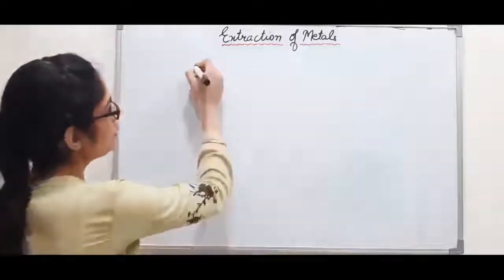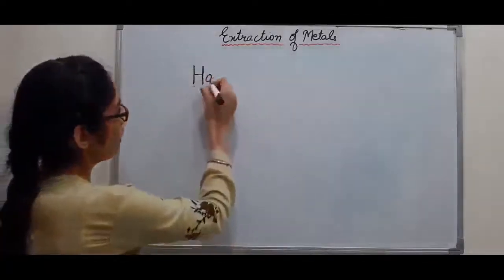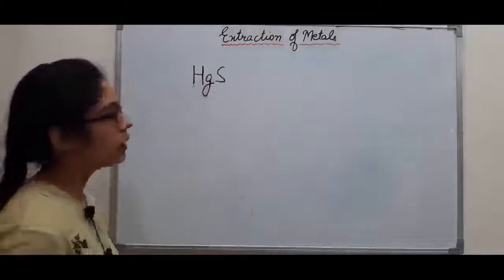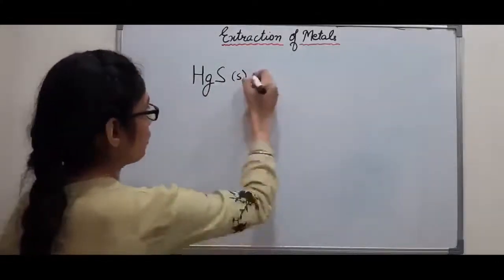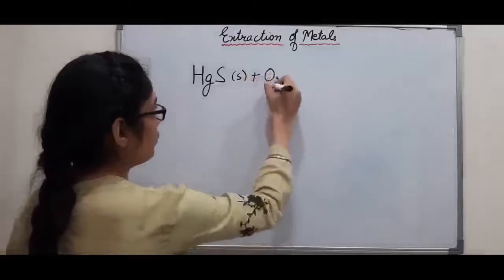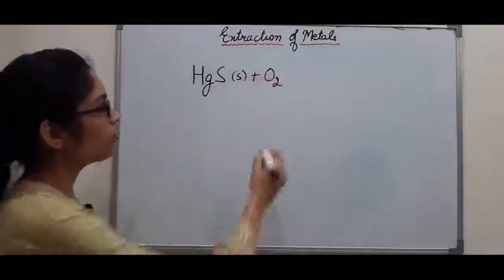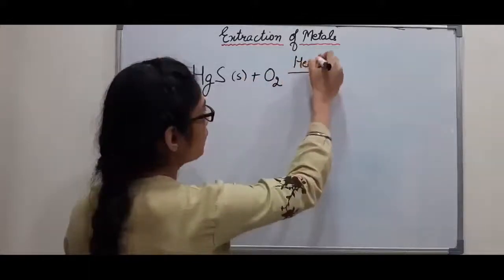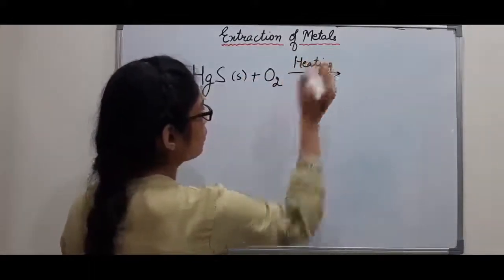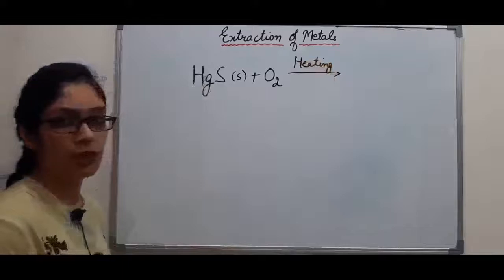So this is the sulfide of mercury, cinnabar, which is in solid state, and it will be converted to mercuric oxide by heating. So that's what we have read now.